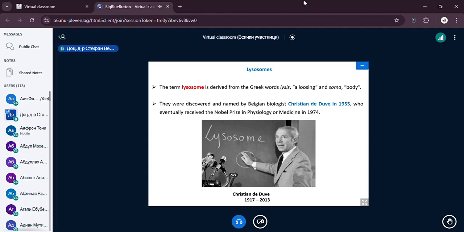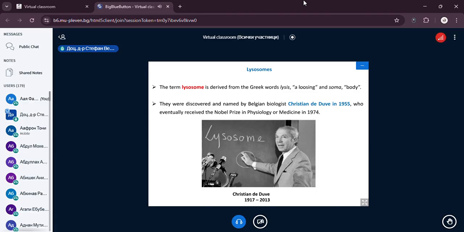And he is the discoverer not only of lysosomes, but also of other organelles, as you will see later in our lecture class. Because of his scientific achievements, he was awarded a Nobel Prize for Physiology or Medicine in 1974. De Duve named these organelles lysosomes because of their function.